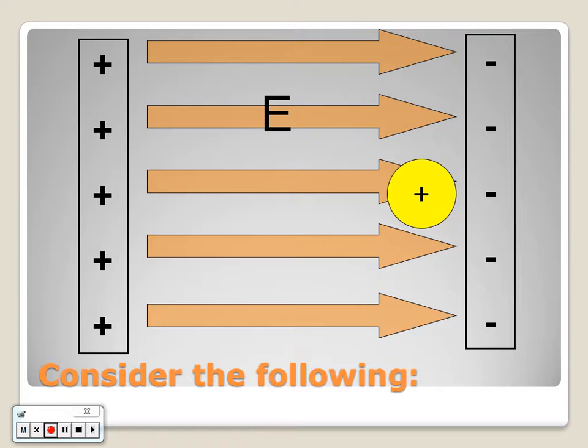Remember yesterday, we talked about that the electric field is based on what would happen to a positive charge, okay? Positive charges move away from other positive charges and towards negative charges. That's why the arrows run that way. Good so far? Yeah. All right.